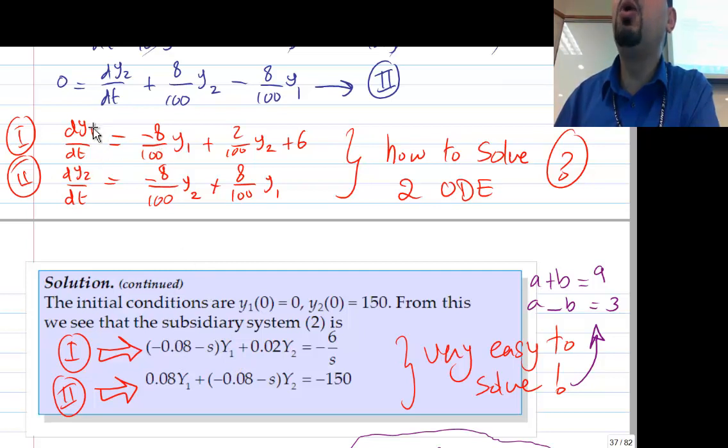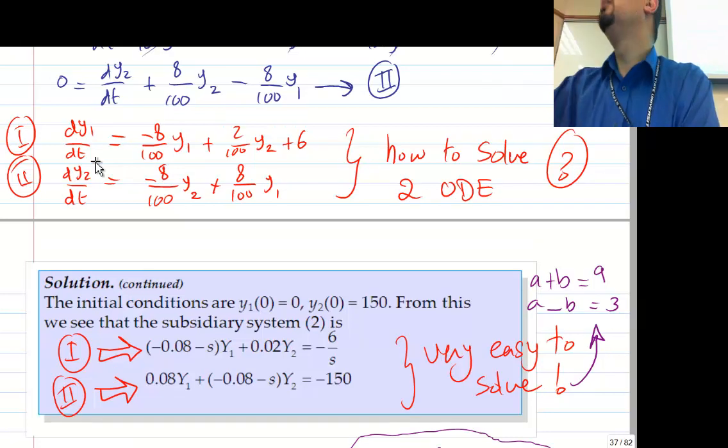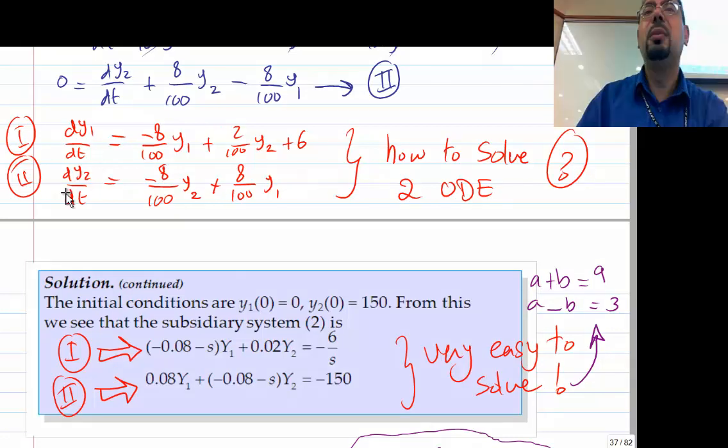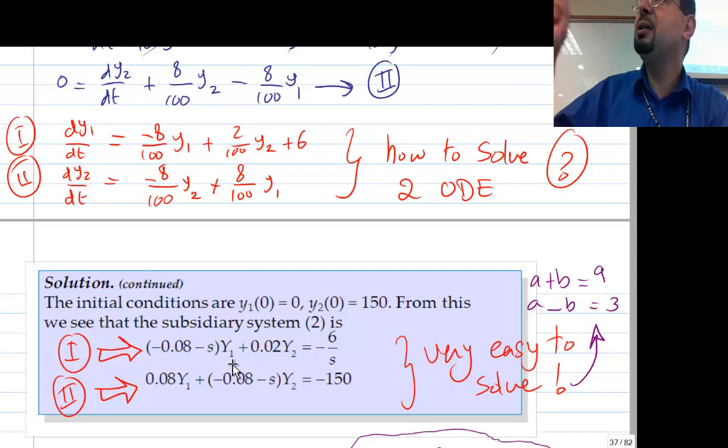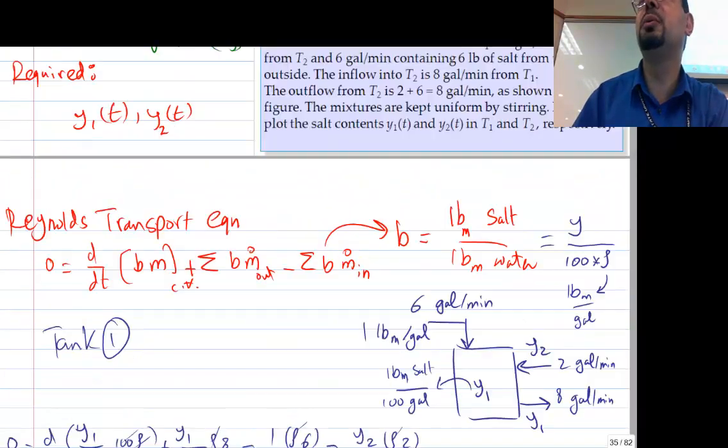And now what about dy1 by dt? The differentiation becomes, excellent, s times Y1 minus small y1 of 0. Let's hit the differentiation one more time.